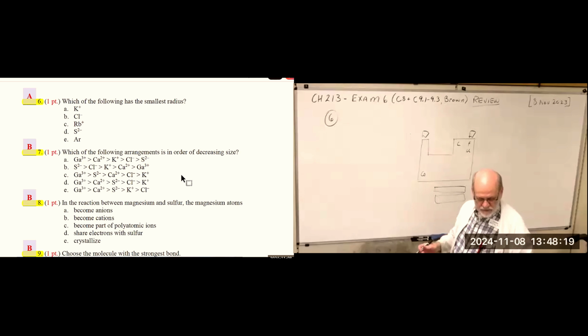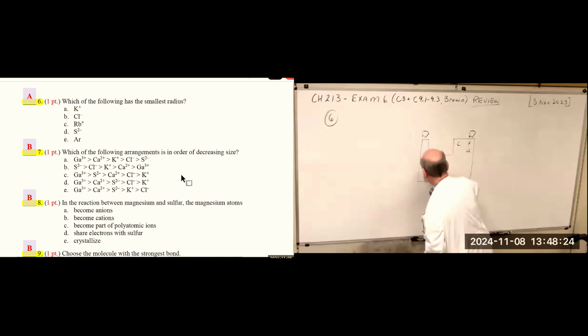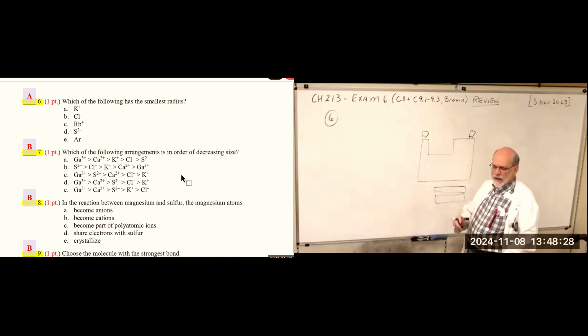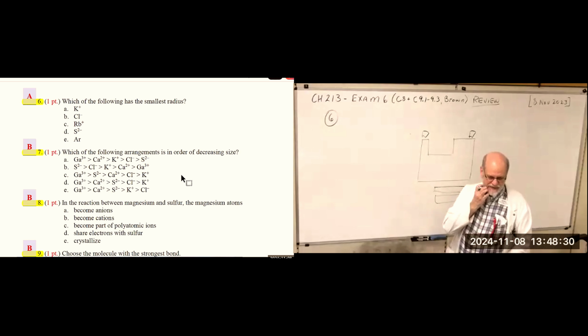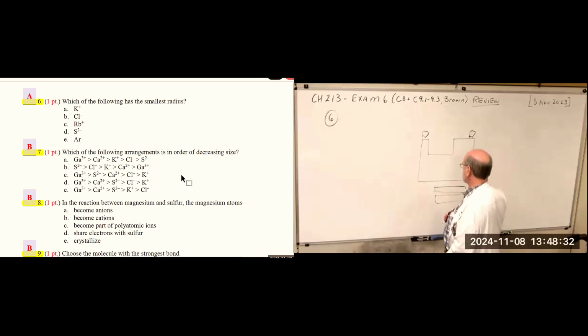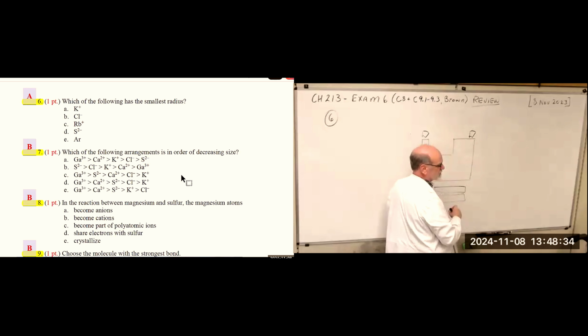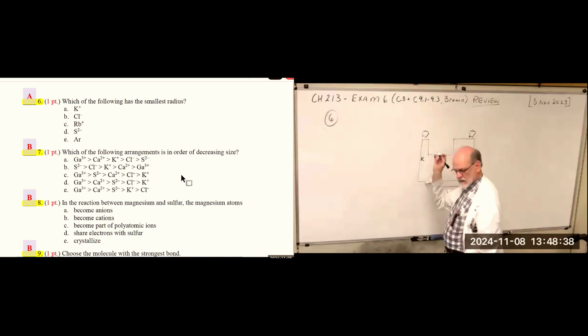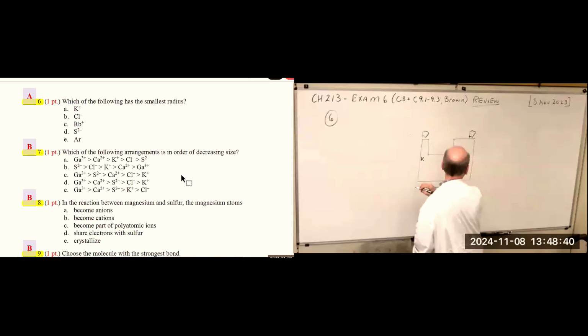All right, so let's look at the atomic radius first. So potassium is going to be down about here, in the third period, right? Oh, fourth period.